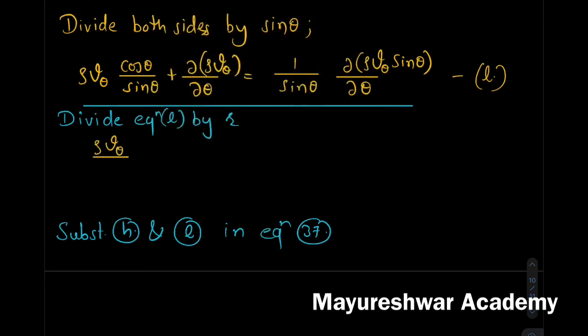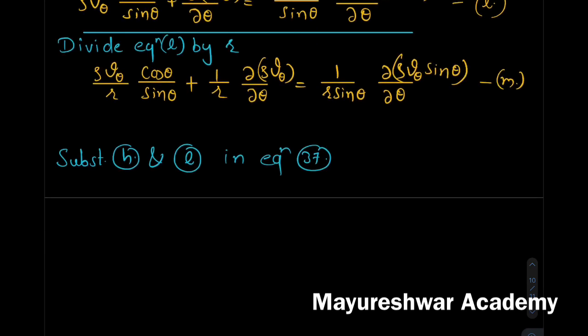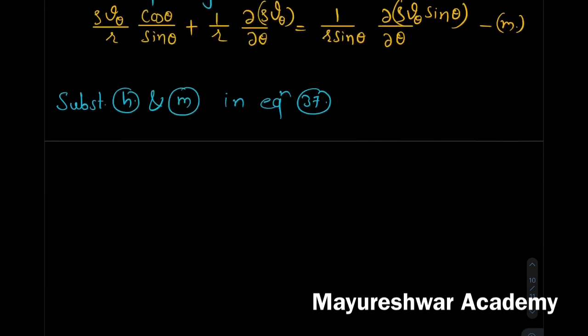Okay, so this is rho v theta over r times cos theta by sine theta plus 1 over r times partial over partial theta of rho v theta, and it is equal to 1 over r sine theta partial over partial theta of rho v theta sine theta. Let us call this m. Now instead of L, we need to substitute m in the equation.